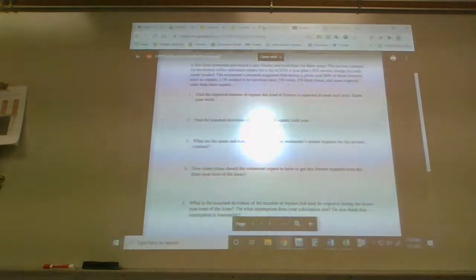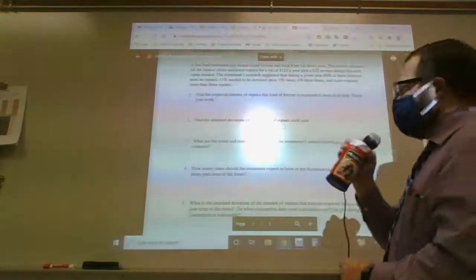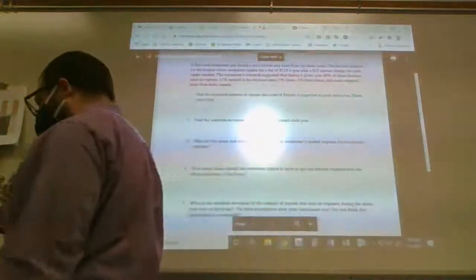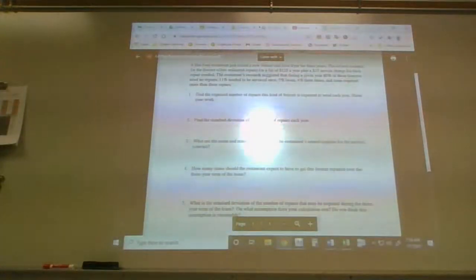Obviously, we're not going to be doing those by hand, so you will need the graphing calculator capabilities in order to get that done. Just giving you the heads up before we get there. For number 2, you have to calculate a standard deviation, and we use the graphing calculator to get that done for us.